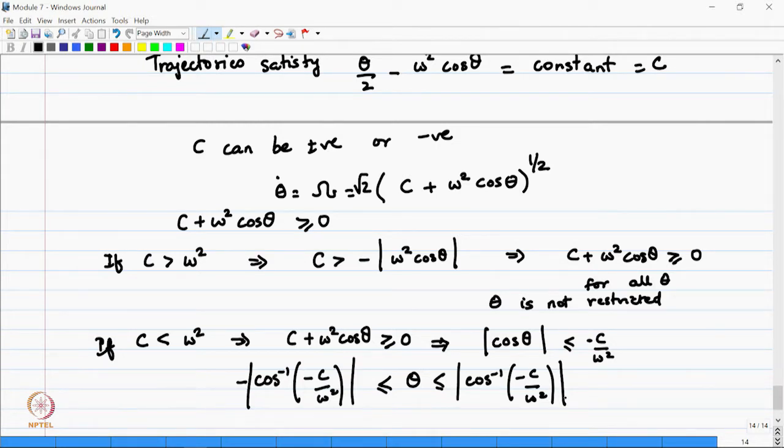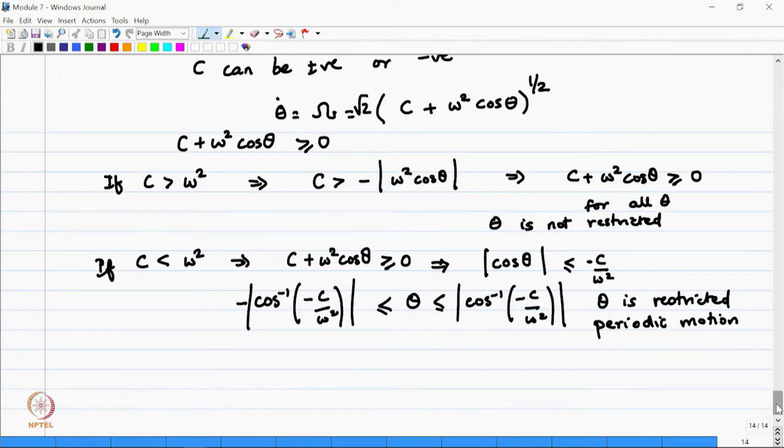What is important is that your theta is restricted, so theta can take only certain values. This is actually your periodic motion, and the other case is non-periodic motion. This is not periodic.